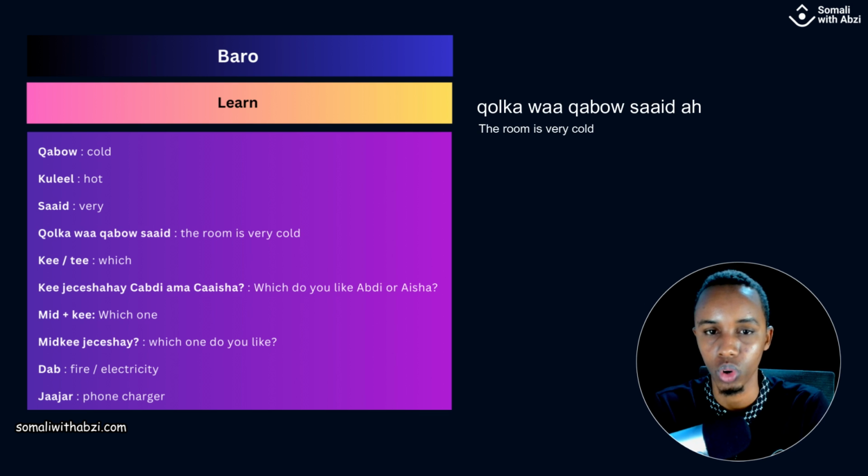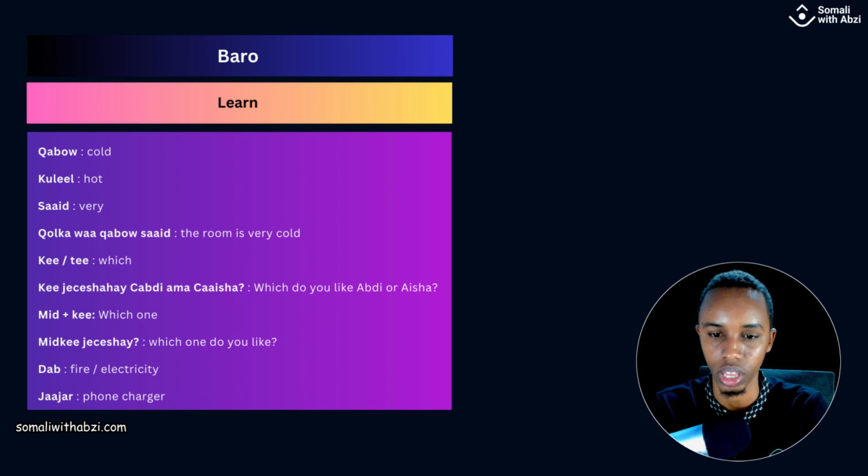The room is very cold. You can skip it or use it, it's fine. We say subax wanaagsan, then subax lamid, like that. We use this in Somali many times and in different ways. So for adjectives, you add it at the end usually, but you can skip it.